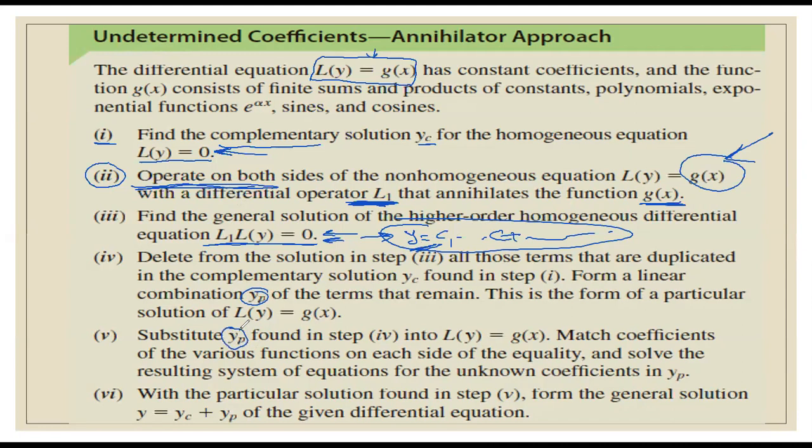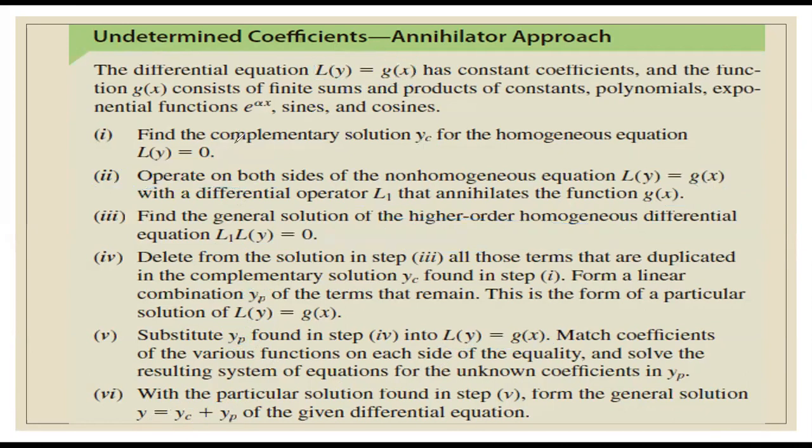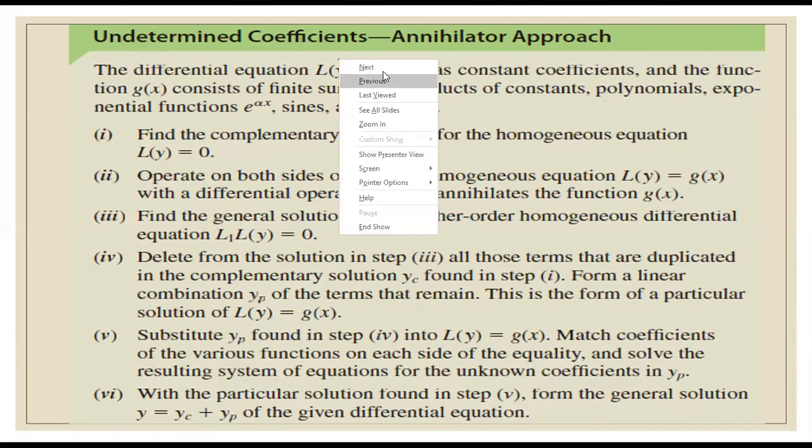To find those constants, because your yp is a solution for the given differential equation, you will substitute in the given differential equation to determine the c's. Then you will add your yc and yp. So the new idea in this lecture is only how to determine yp, because I don't need to guess it. Okay? Let me solve one example and you will find it's easy.